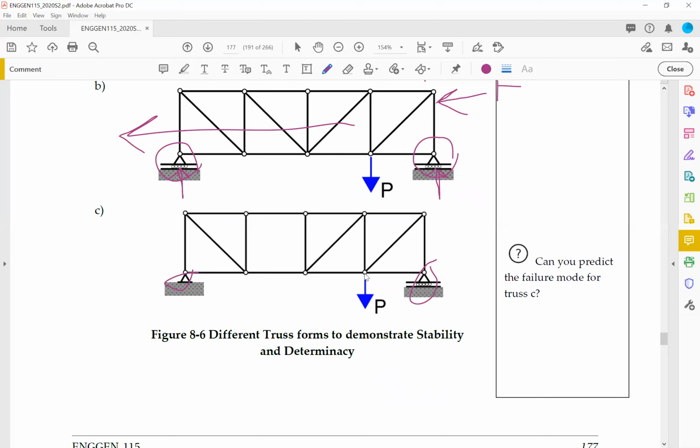Well, first load P would come through here, and it would come through here, through to the support. But what about on the other side? It would come through here. If we consider sum of forces in the y direction, the force from this member needs to be counteracted by this member.